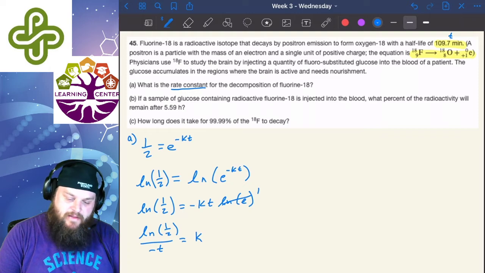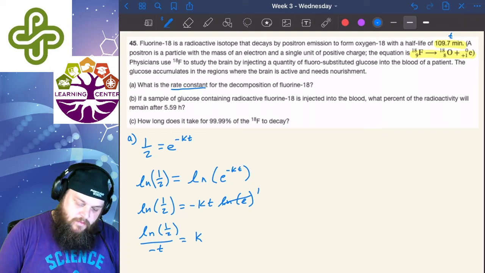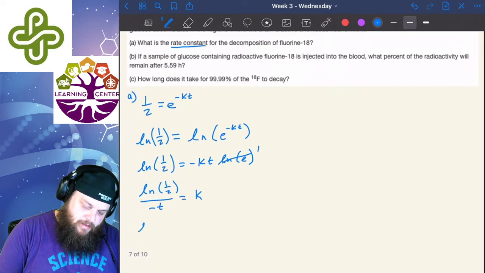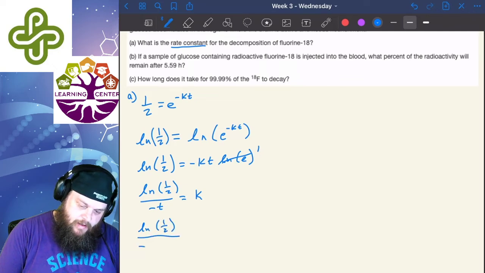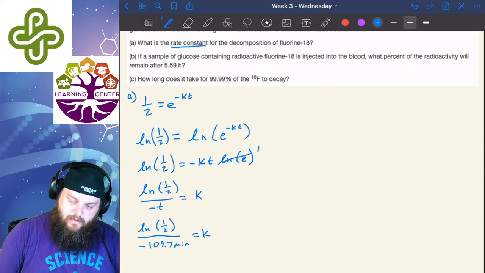Now that we have k isolated, we can plug in that value for t, which is 109.7 minutes. So that's just going to be the natural log 1/2 divided by negative 109.7 minutes is going to equal the rate constant.